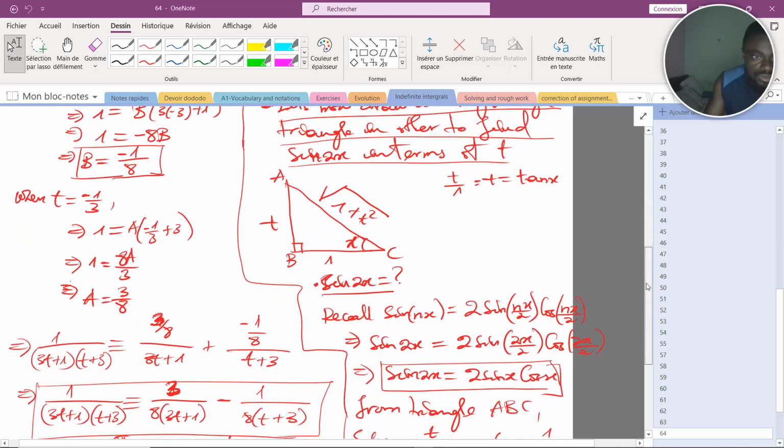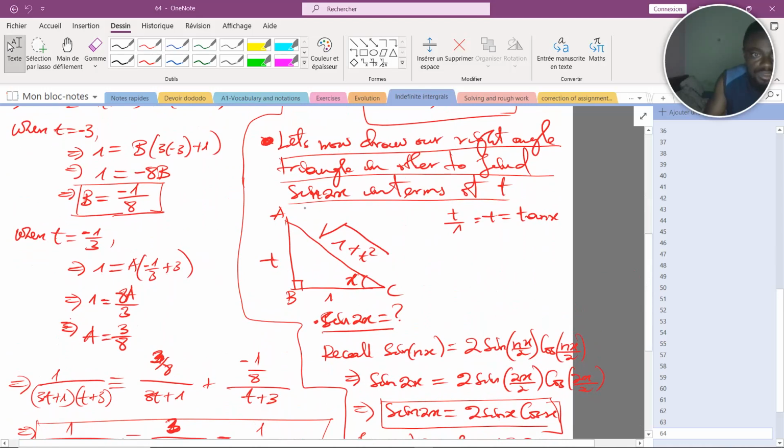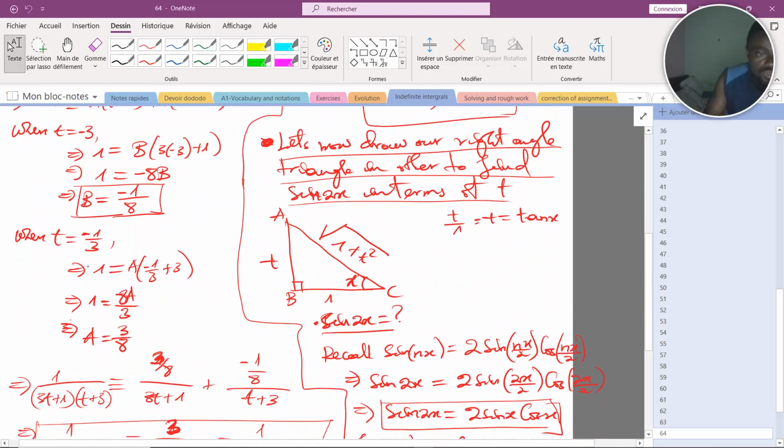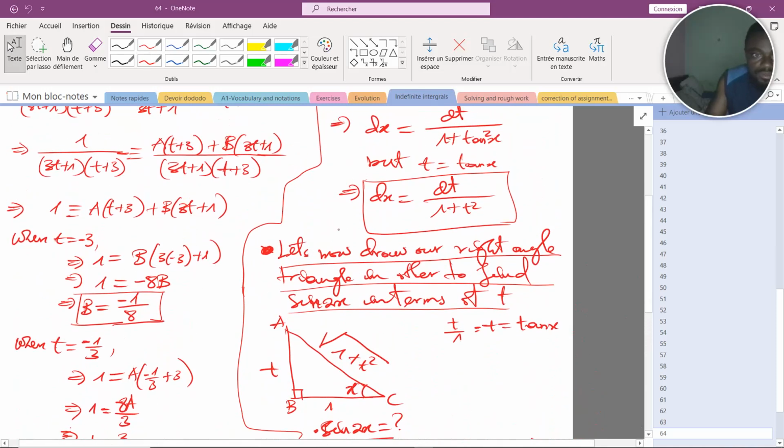For this one, when t equals minus 1 on 3, the other side will become 0. We'll be left with 1 equals a into minus 1 on 3 plus 3.